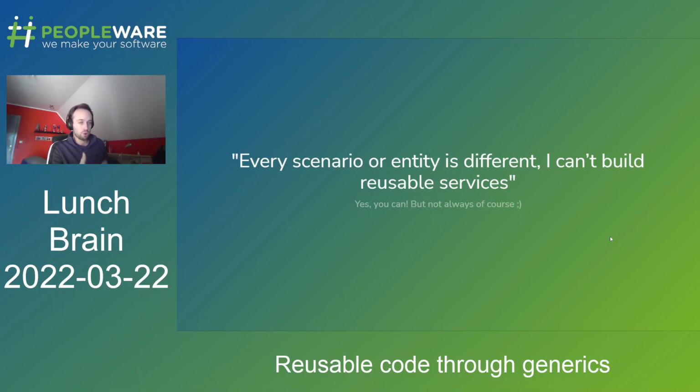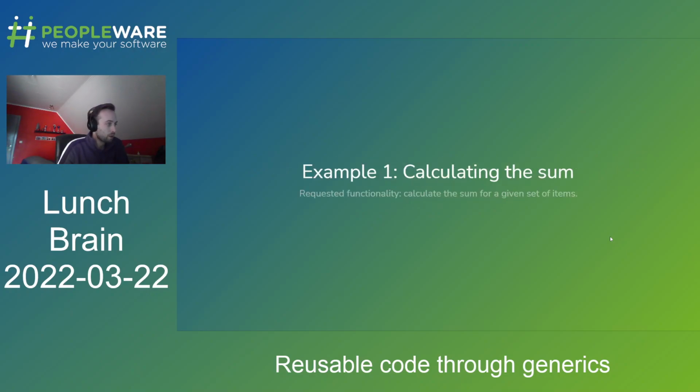I think you can. You just need to find a way to extrapolate the logic of what you're trying to do to a higher level. So you can, but of course you can't always extrapolate everything. So first, let's do an example on calculating the sum of something.